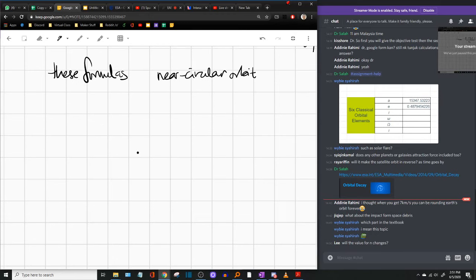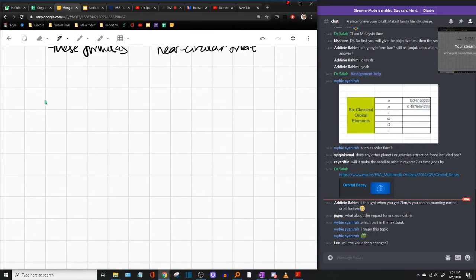So let's look at the other one next, solar radiation. Let's see what kind of force it exerts on you.